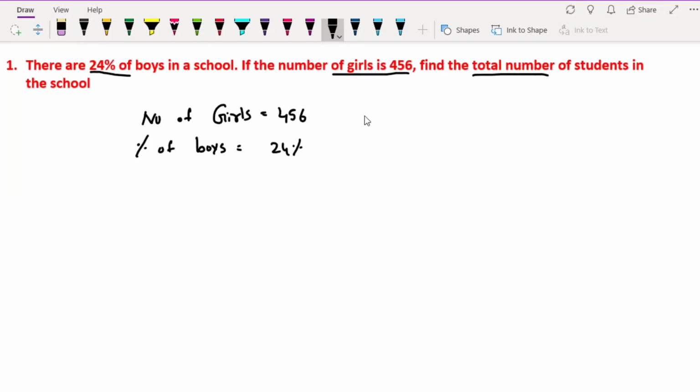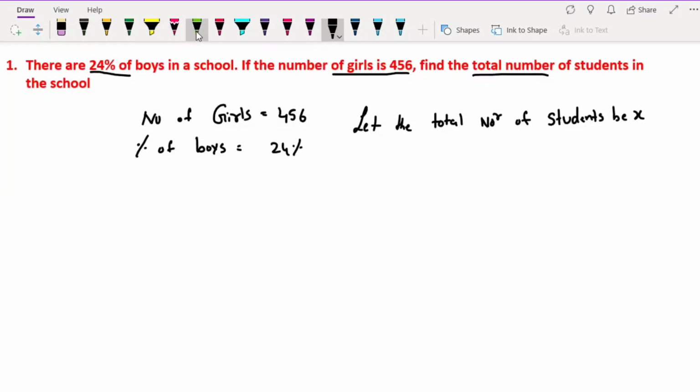So what we're going to do is consider, let the total number of students be x. Okay, so let us go to solve.